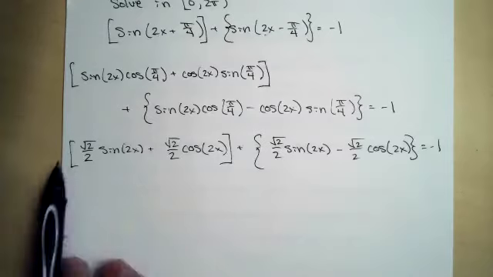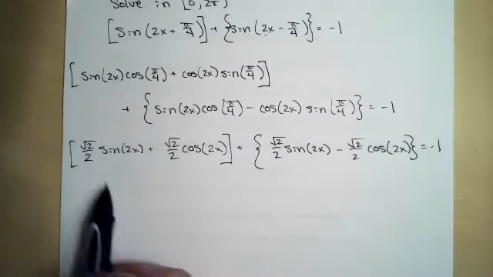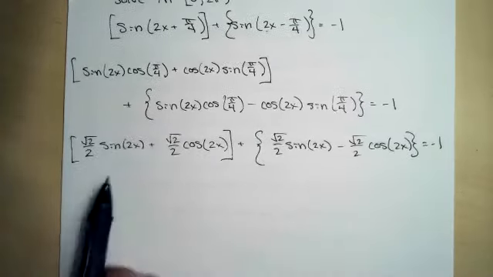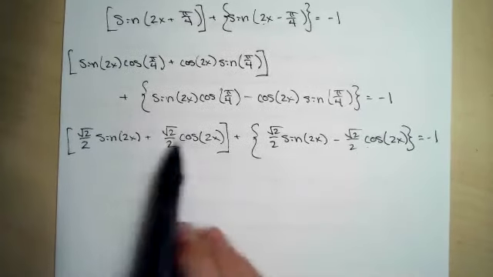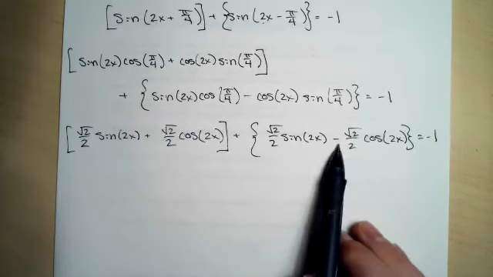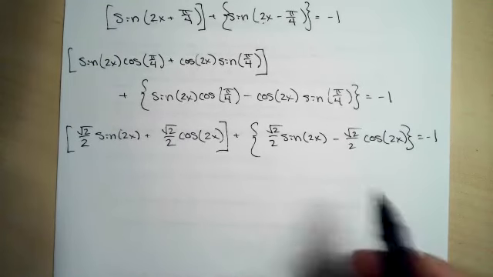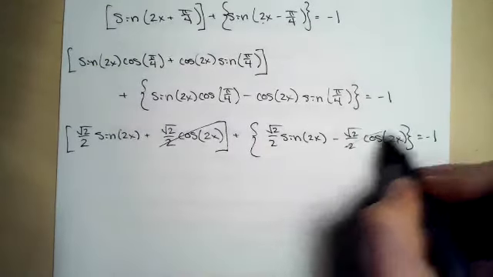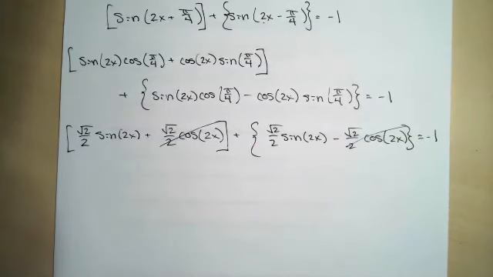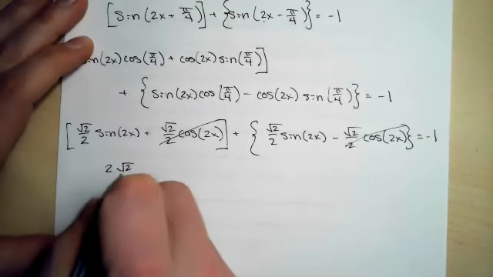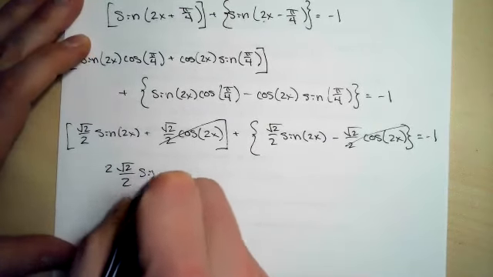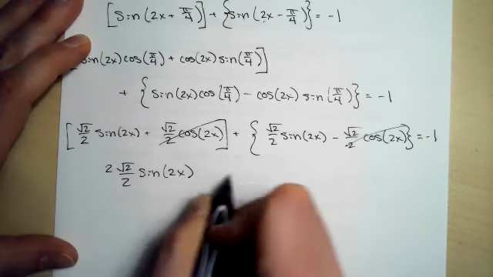How does it simplify now? Again, we didn't need the brackets, so we're just adding and subtracting everything now. We'll have this term and this term: root 2 over 2 cosine of 2x minus root 2 over 2 cosine 2x. Those will evaluate to 0. And now what are we left with? We're left with 2 copies of square root 2 over 2 sine of 2x.